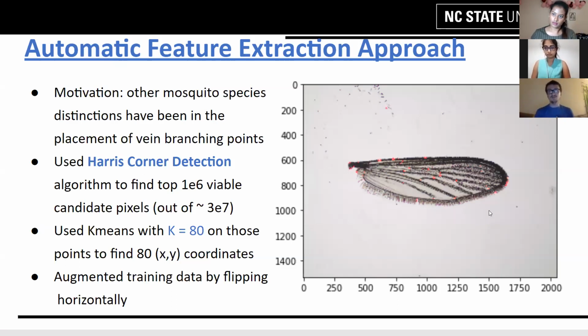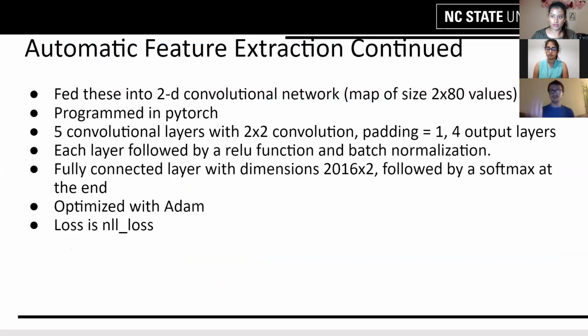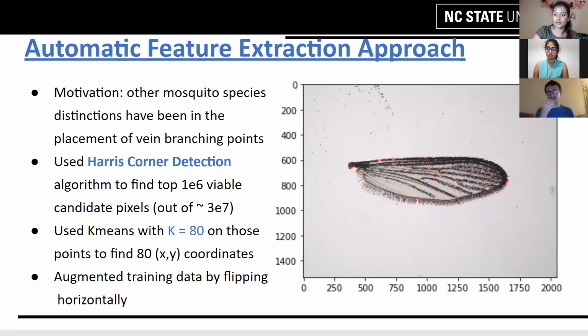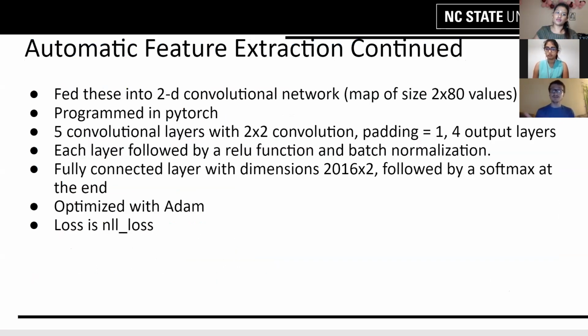Then we took the most probable corners and fed them into a K-means algorithm with K equals 80 to find 80 pairs of XY coordinates that correspond to the most plausible corner points for the image, as you can see in this example. We also augmented the data by flipping it horizontally. We fed these into a 2D convolutional network, essentially as a skinny image with these specifications.